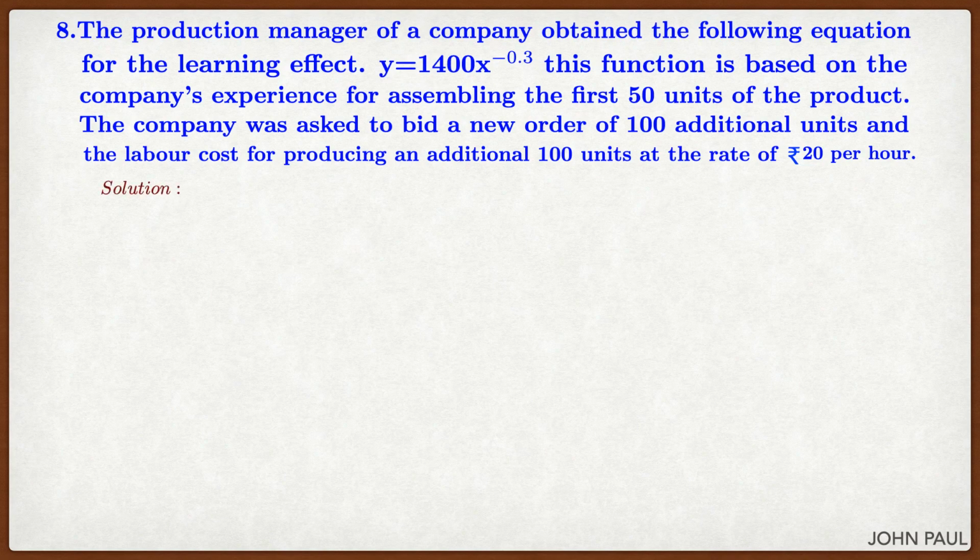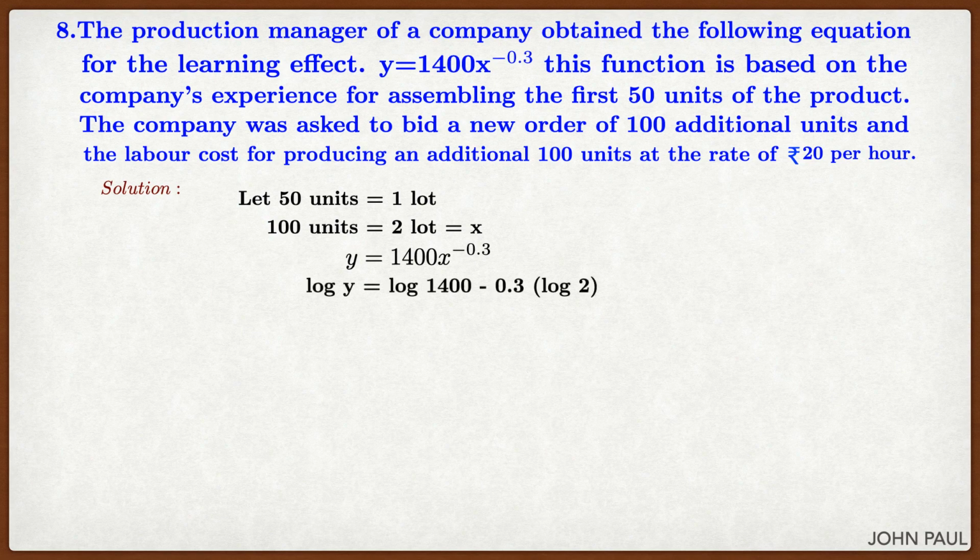Solution: let us consider 50 unit equal to 1 lot, 100 units equal to 2 lot. Let us take it as x. Given equation y equal to 1400 x power minus 0.3. We will take log on both sides. Log y equal to log 1400 minus 0.3 log 2.